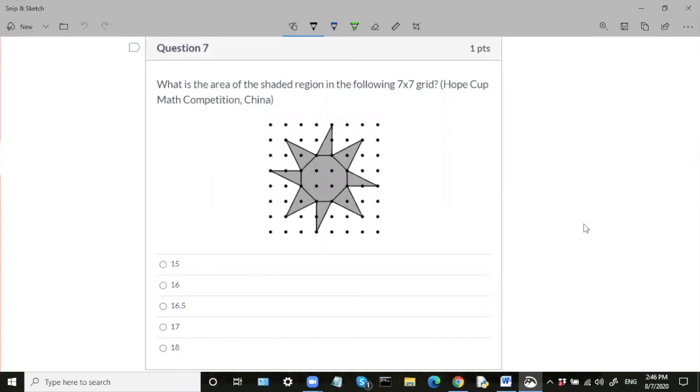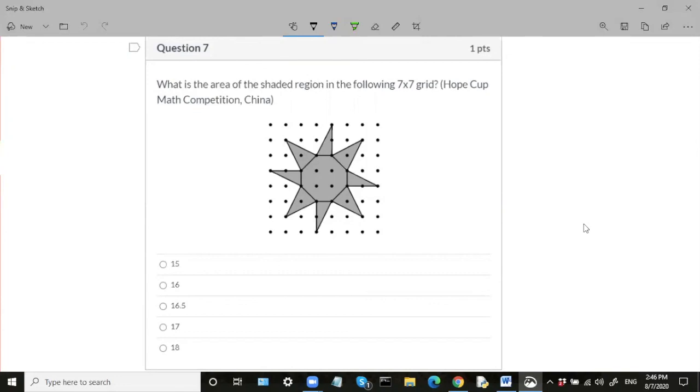For this type of triangle, it's not hard, because that is half of that rectangle, whose area is 2, so half of it is 1.